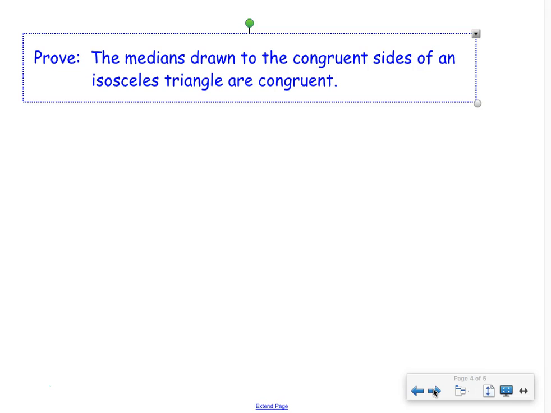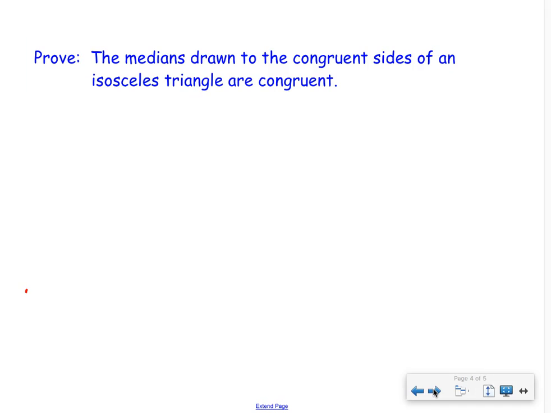So it says, prove the medians drawn to the congruent sides of an isosceles triangle are congruent. Well, first we have to remember, what's a median? Close.